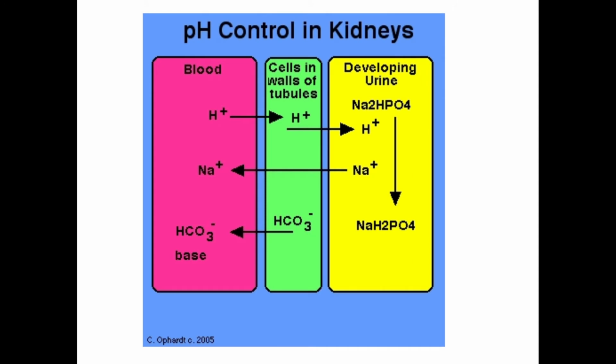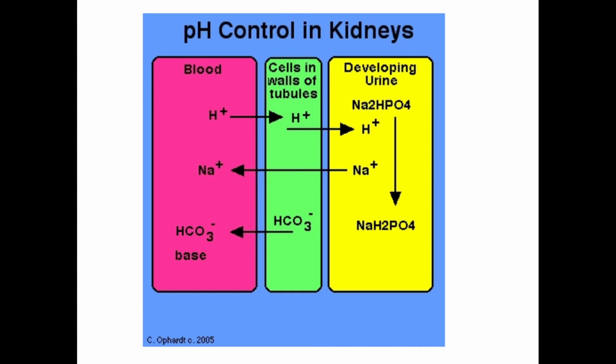Now, that's great for the short term, but obviously there are some problems with that because CO2 isn't the only thing we need to control with breathing. We also need to control oxygen. And so if our only response to change in blood pH is breathing changes, then we start to run into a problem.